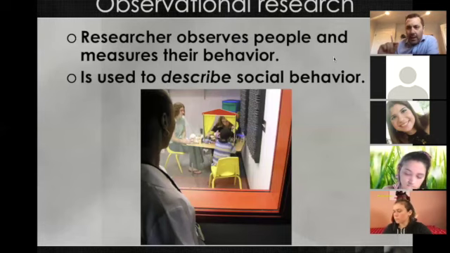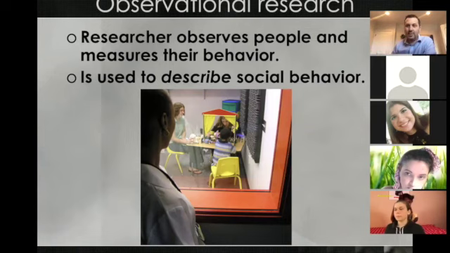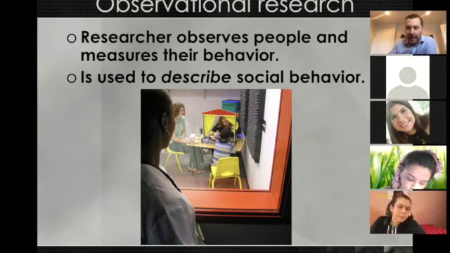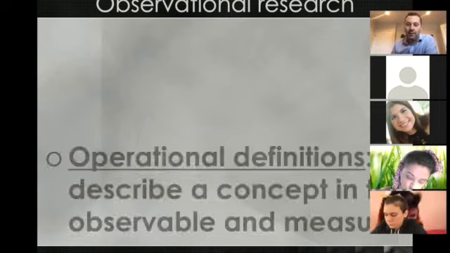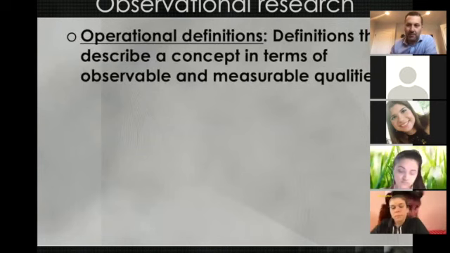Okay, so as I mentioned a second ago, there's a number of methodological strategies we have to use when engaged in observational research to minimize the likelihood that our interpretations or observations are biased by our expectations. And one of those methodological strategies we have to use is to use what's called an operational definition.